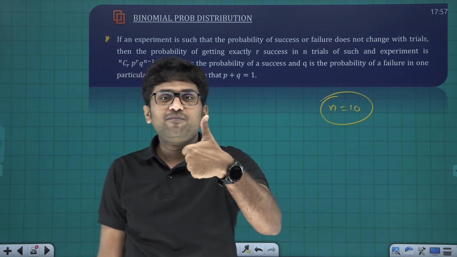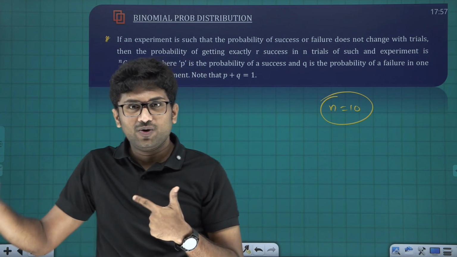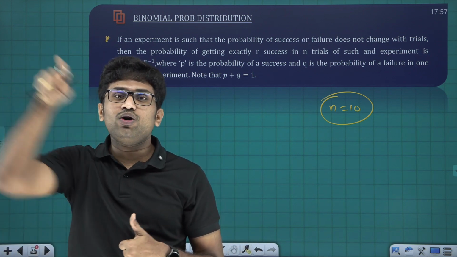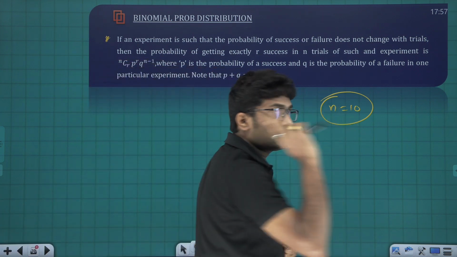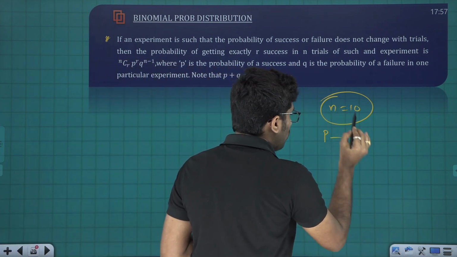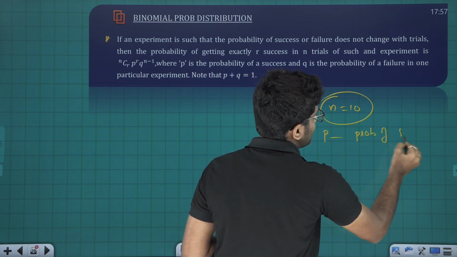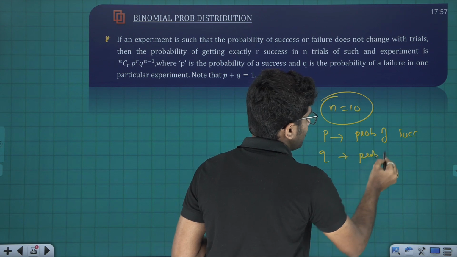P denotes the probability of success, Q denotes the probability of failure. That's it. Okay. So if I get 3, I'll be successful. If I don't get 3, I won't be successful. Clear? So there will be only 2 outcomes. One is P, the probability of success. Q denotes the probability of failure.